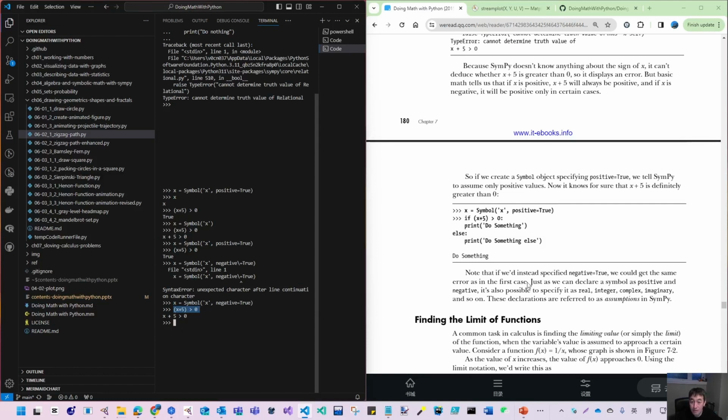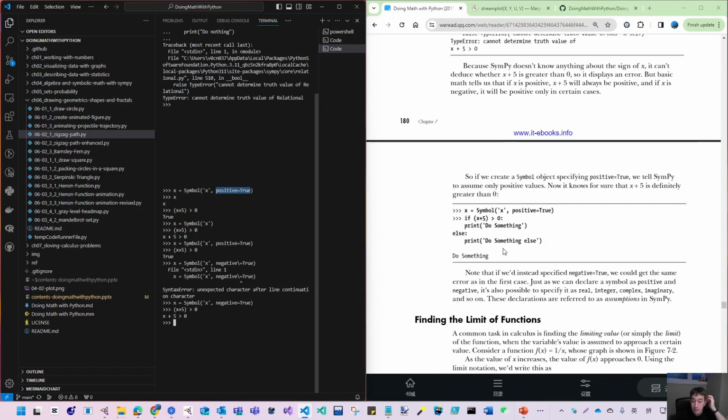In that case, again, you cannot make it deduced. So when you use SymPy to define a symbol, you can give a certain assumption for this symbol. But this assumption is a very rough assumption, just positive or negative.